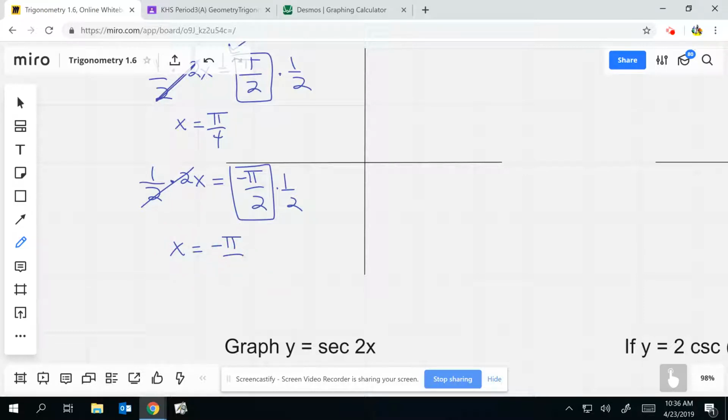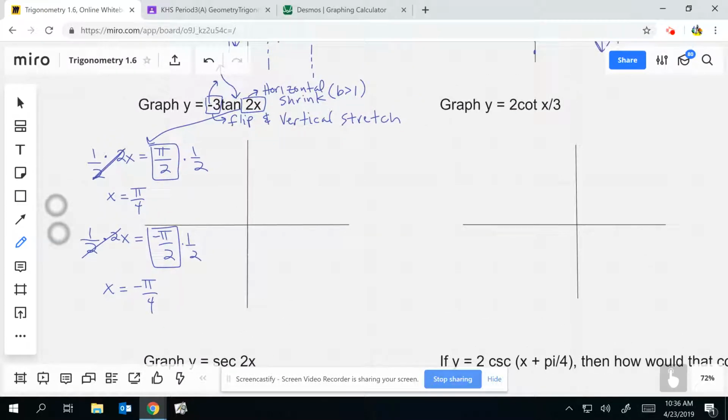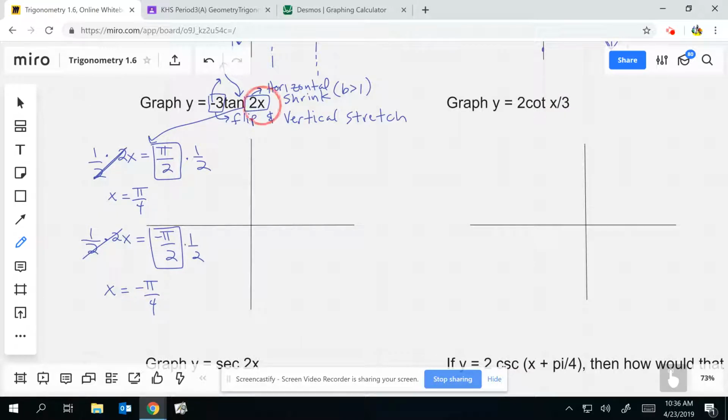I would say 90% of the time you're going to get the same number with a positive and a negative value, but not every time, but 90%. So that means that the pi/4 is what's going to make us go undefined. If I put pi/4 in this x right here, it's going to equal pi/2, which is undefined. So I cannot graph that pi/4 value.